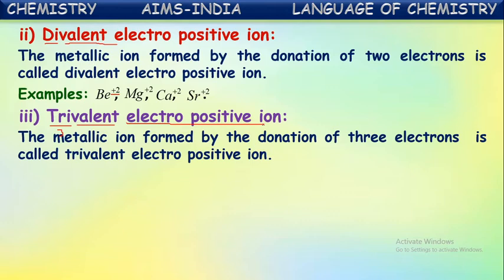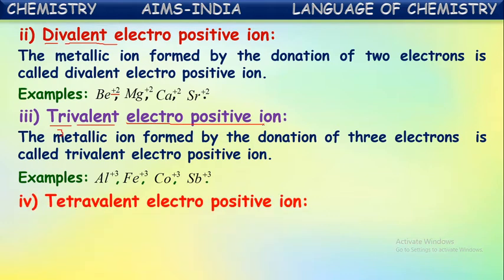For example, Al plus 3, Fe plus 3, Co plus 3, cobalt plus 3, strontium plus 3. These all, if you observe, attain plus 3 positive charge. This is obtained by the loss of 3 electrons from each of them. So these ions having positive charge 3 are called trivalent electropositive ions.